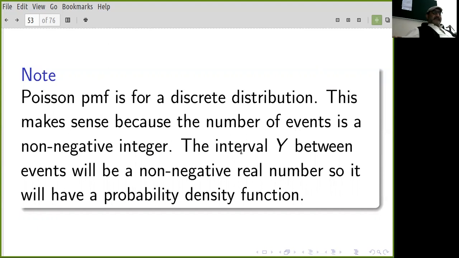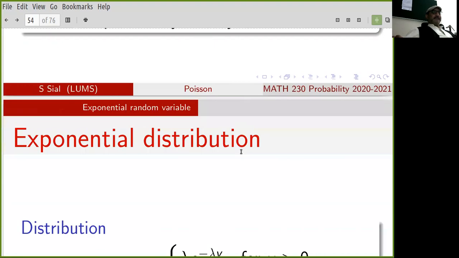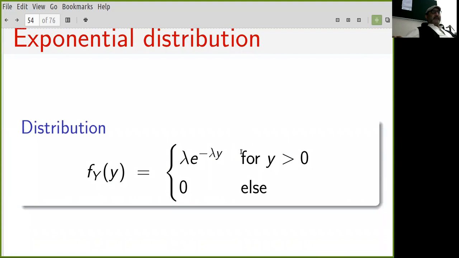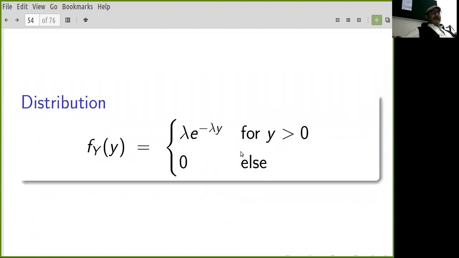And because the Poisson events are random, the time between Poisson distributed events is also a random variable. Okay, and this is what it works out to be.